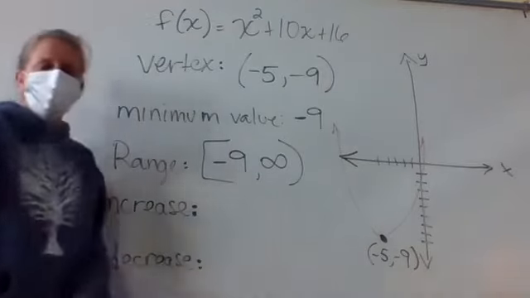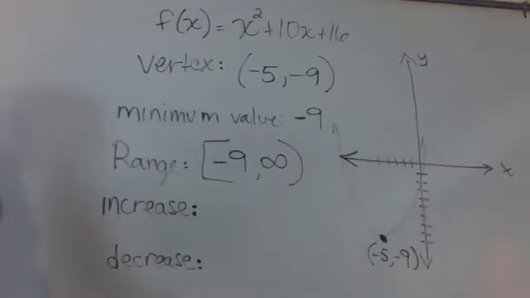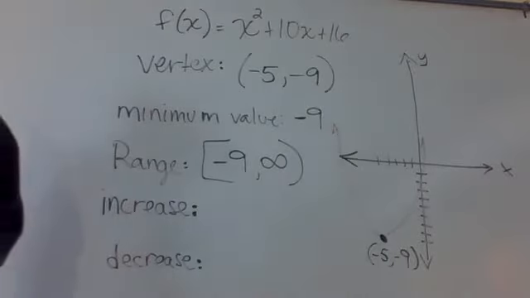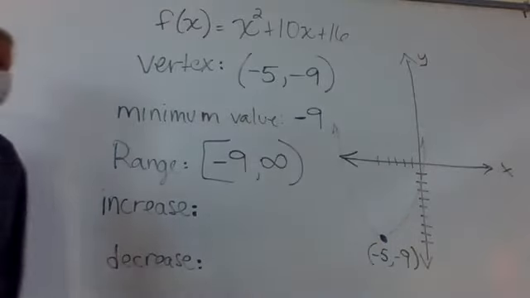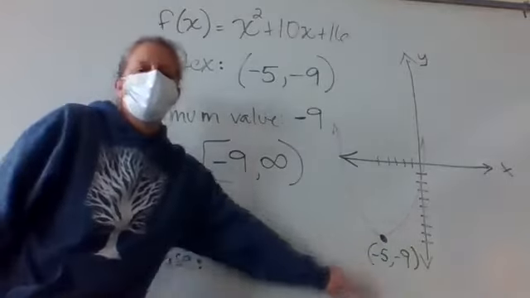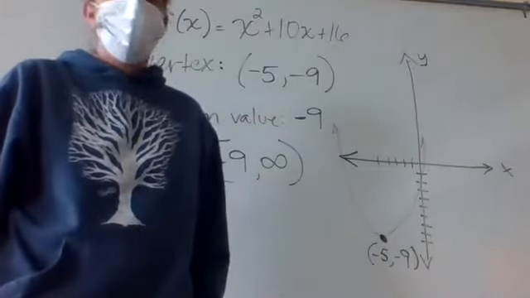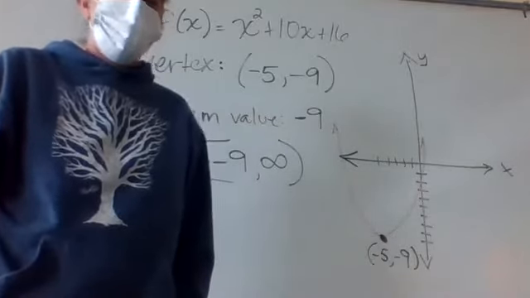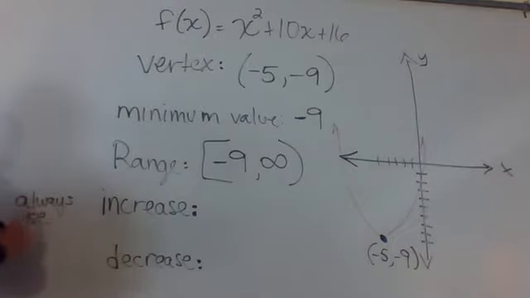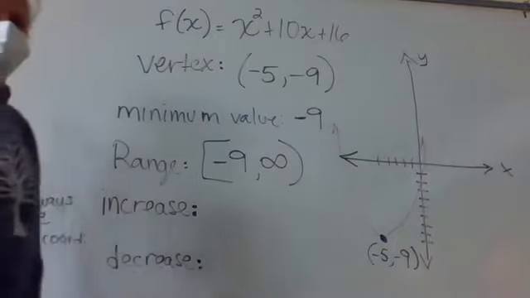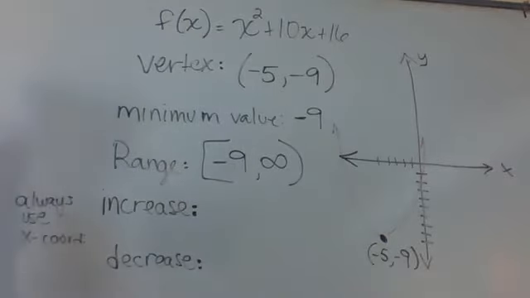All right, the last two parts of the problem are going to ask you, where is this function increasing and where is it decreasing? When you're increasing and decreasing, you're always going to use the x coordinate of the point that you're talking about. So increase and decrease, always use the x coordinate when you are naming the intervals.